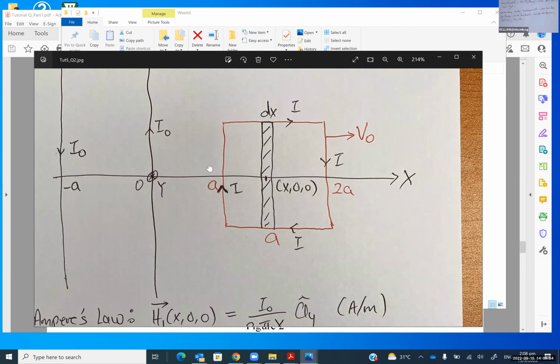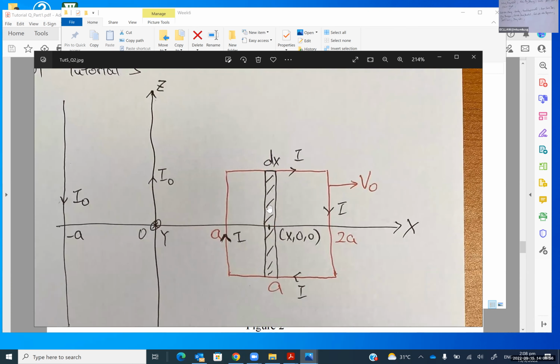So are you going to do a dx dz, a small little area here, or are you going to form an entire column area like what I've drawn here?